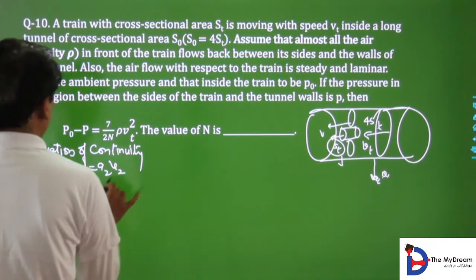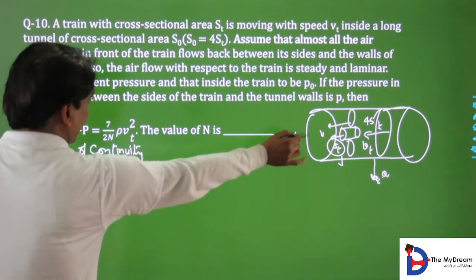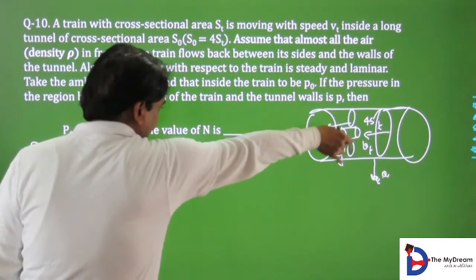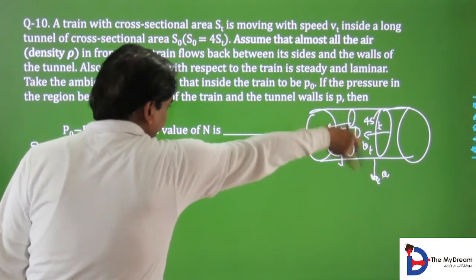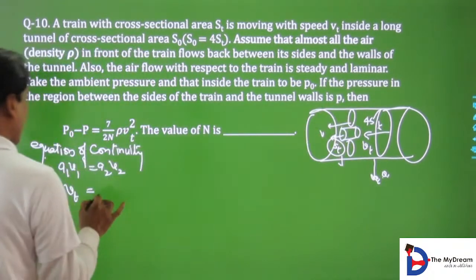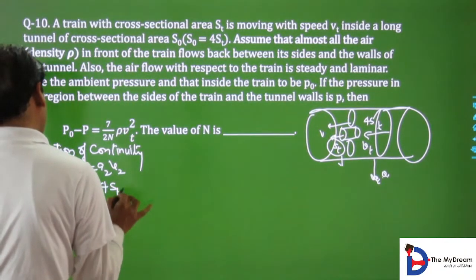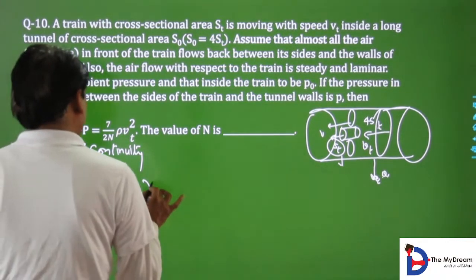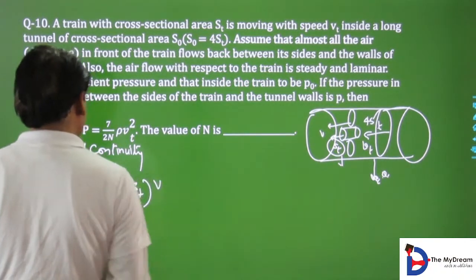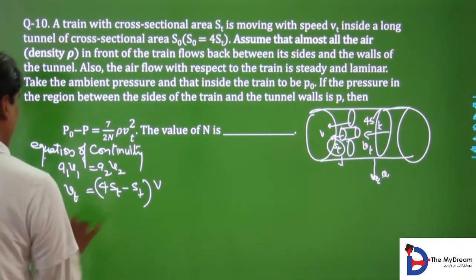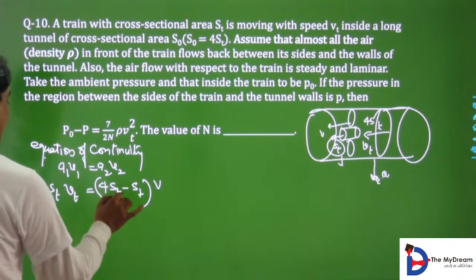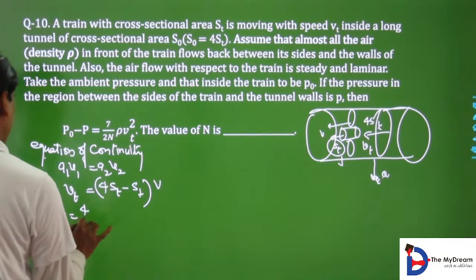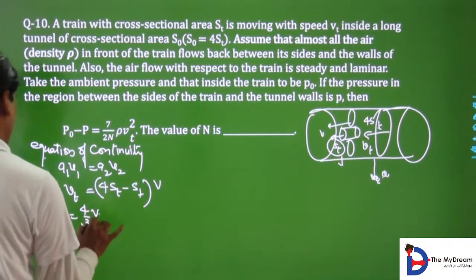What about the area A2? It is 4St minus this area where the pressure is exerted. So 4St minus St, and the velocity is v. 4St minus St is 3St, the St cancels, and you will get 4 by 3 v.